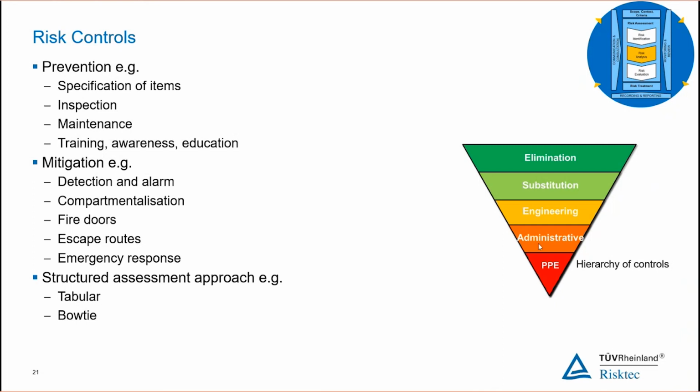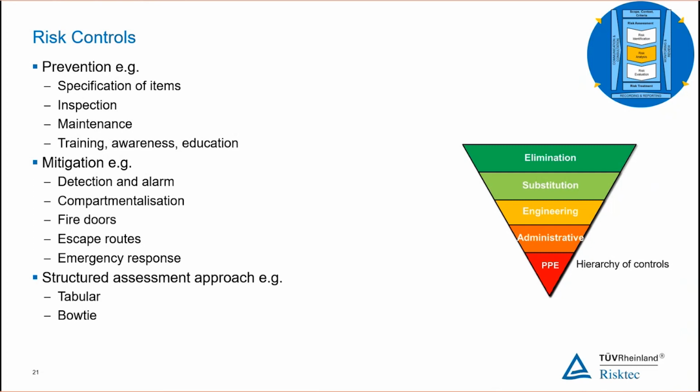We can put in administrative controls, the building caretakers making sure that the rubbish is collected from underneath the stairwells and enforcing the no smoking requirements. And we possibly PPE. I mean, we could possibly talk about smoke hoods or things like that.